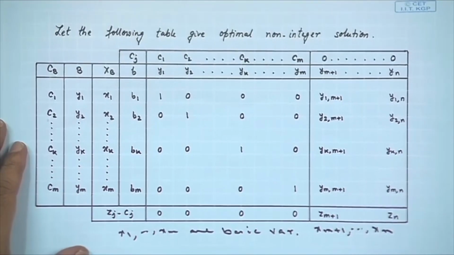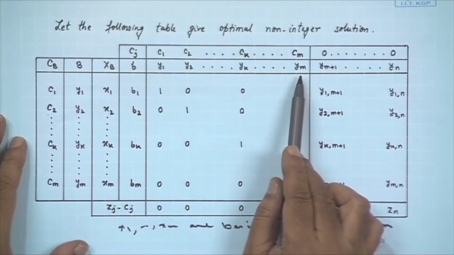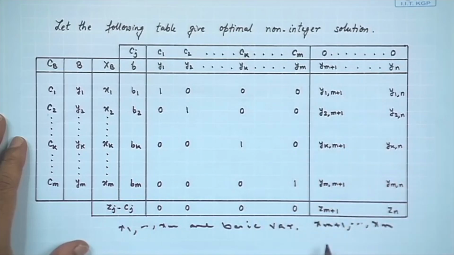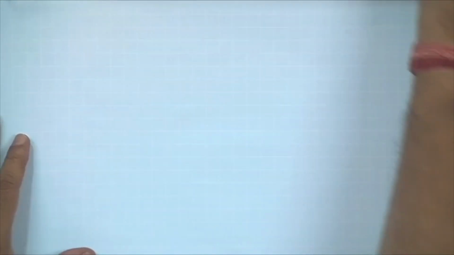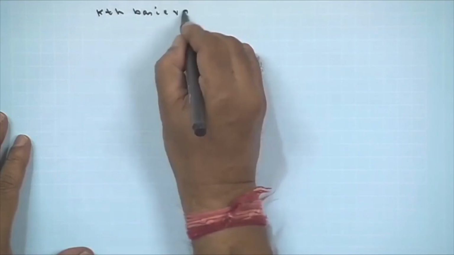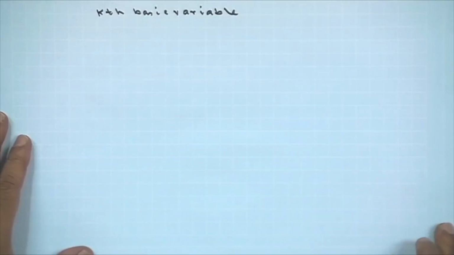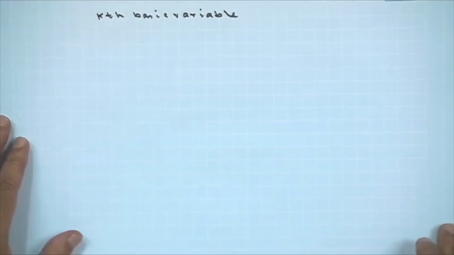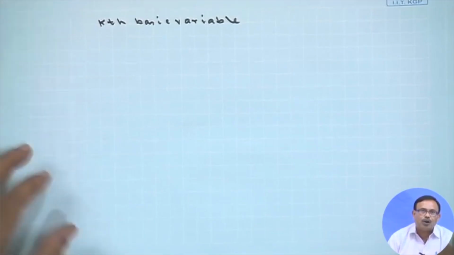So, you are assuming that you have the basic variables x1 to xm and the remaining n minus m variables, that is xm plus 1 to xn, are non-basic variables. We assume that the kth basic variable corresponds to the non-integer value.